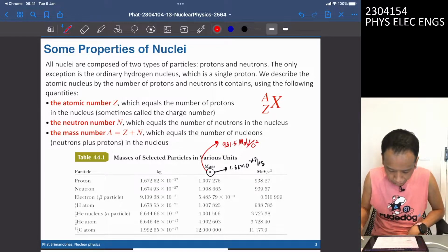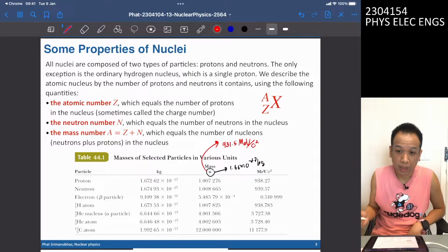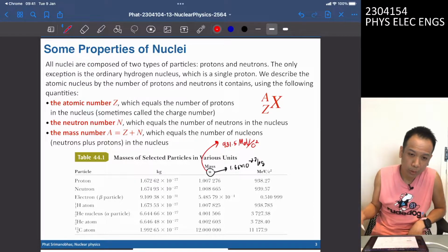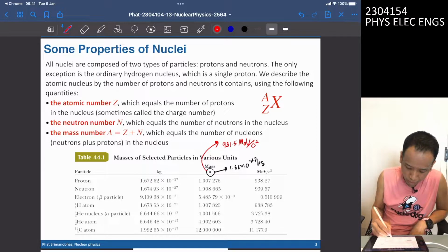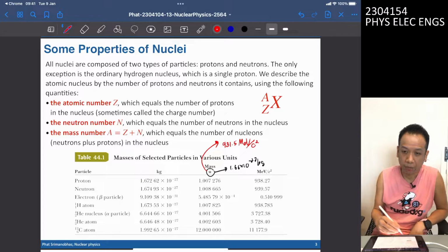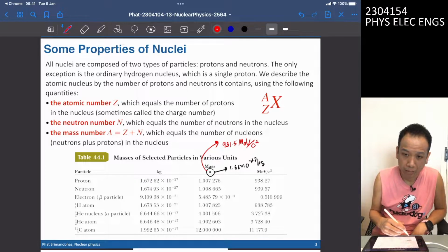So you can convert; it depends on what you're going to use. If you use kilograms, you need to convert everything to SI units. If you use u, it's convenient for this case because we normally use the mass in u to represent the weight of the nucleus or elementary particles.